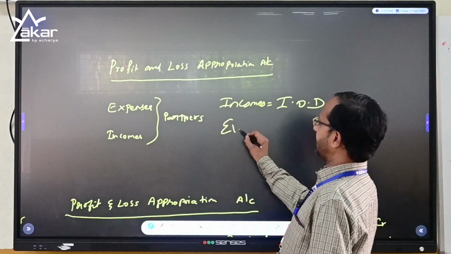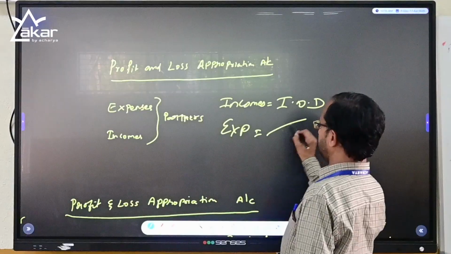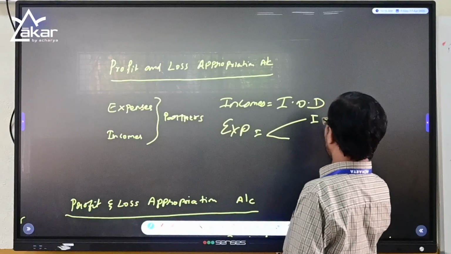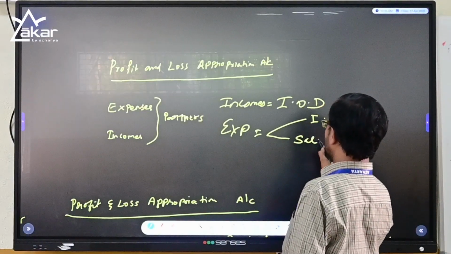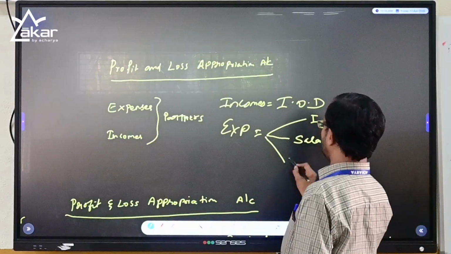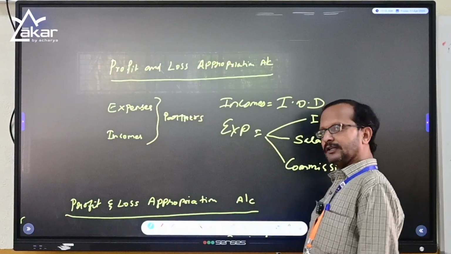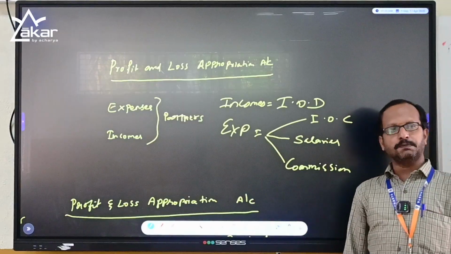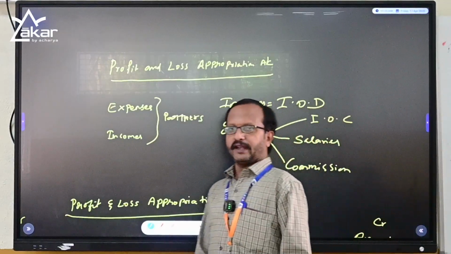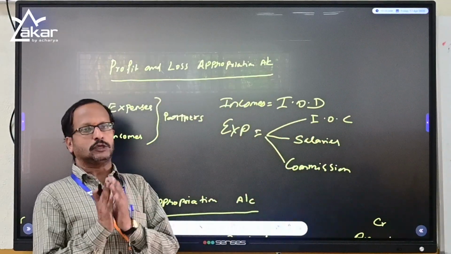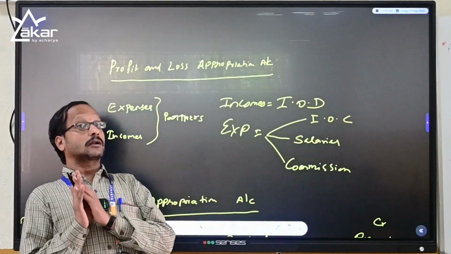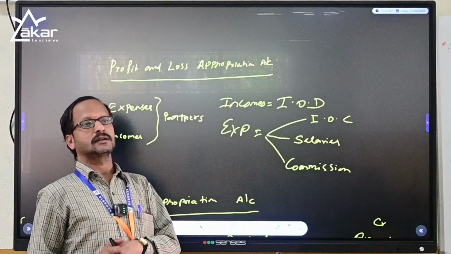And when I say expenses, we have only three. One is IOC, second salaries, and third commissions or brokerages. What is this IOC? As per the Partnership Act 1932, a partnership firm is entitled to receive interest on drawings made by the partner.